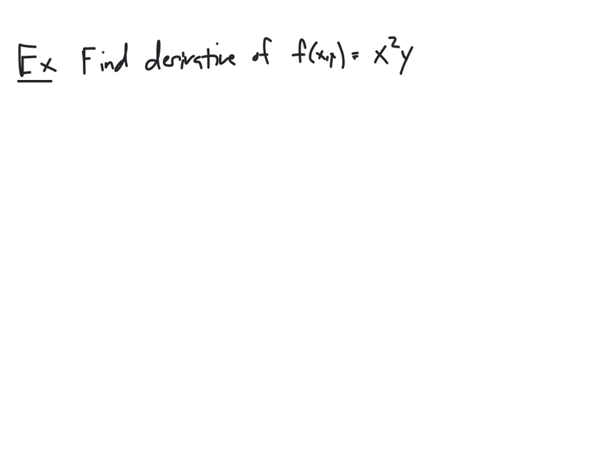So let's look at an example where we use the gradient to help compute the directional derivative. We want to compute the derivative of the function f of x, y given by the formula x squared y minus e to the xy at the point (1, -1) in the direction of the vector (2, 3).